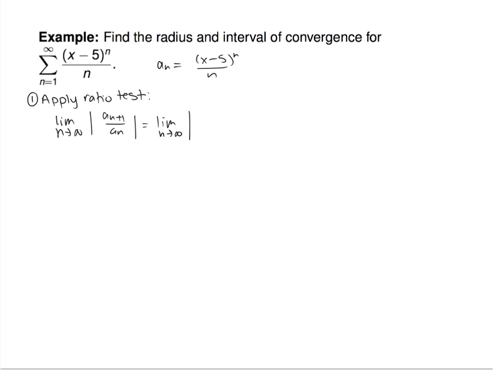So when you plug in n plus 1, what do you get? (x minus 5) to the n plus 1 over n plus 1, times n over (x minus 5) to the n.